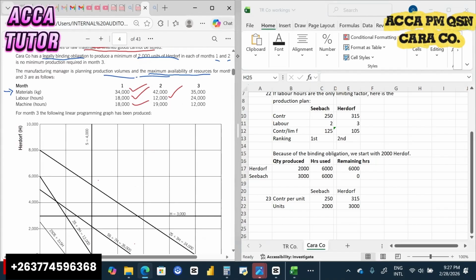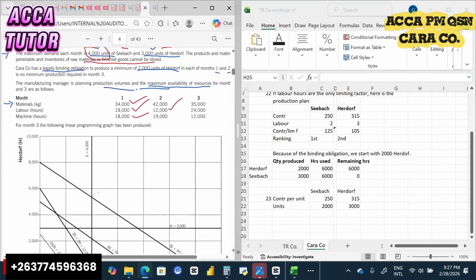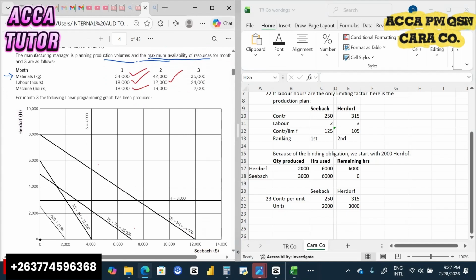For example, the demand for C batch, that's S is less than or equal to 4,000, isn't it?